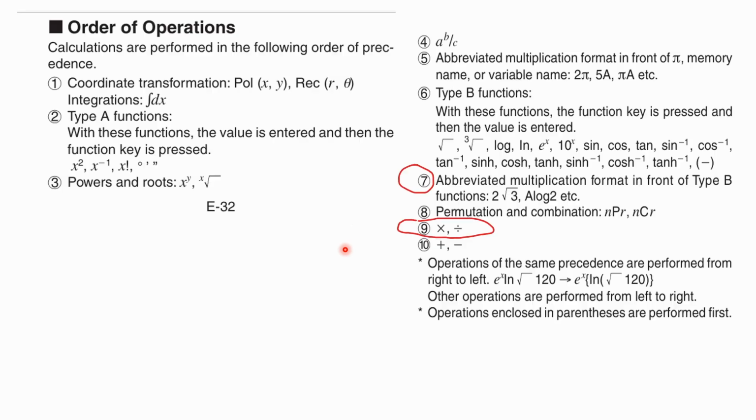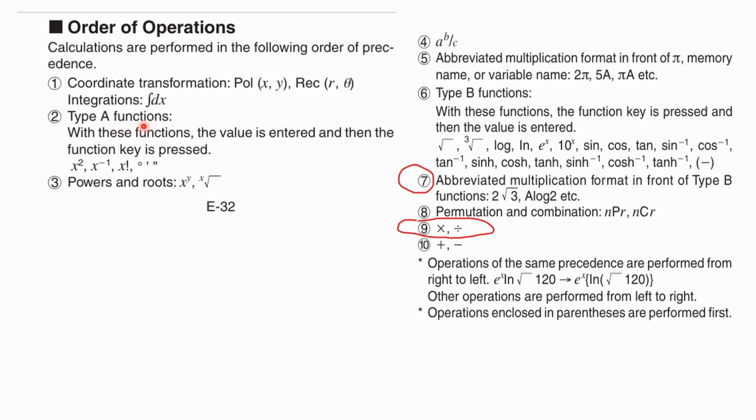I'll throw this out here too. The Casio FX 991W calculator manual. This is right off of the Casio website. And again, I've said it before, some scientific calculators will take into account implicit multiplication. And look at it right here. It goes through the order of operations. Number 1, coordinate transformations.